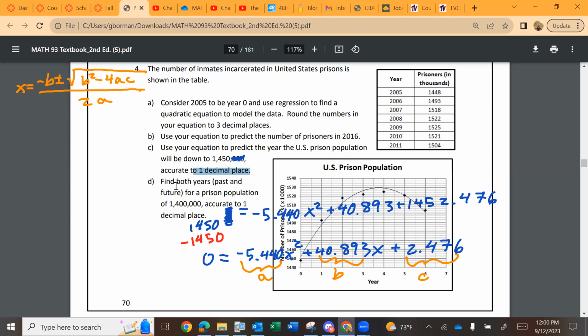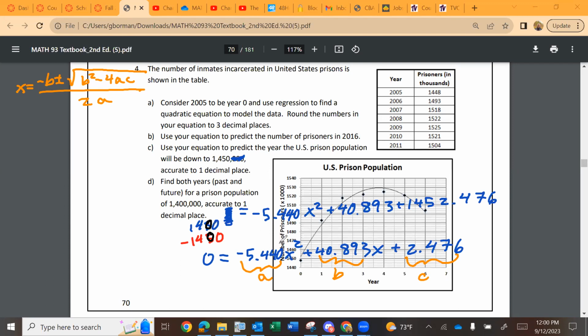Then it says, go find both years for 1400, accurate to 1 decimal place. So I'll let you take care of that. The only difference that you're going to do on this one compared to part C is you're going to have a 1400 right here.